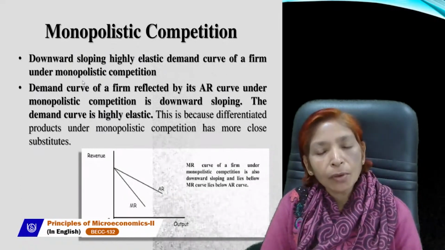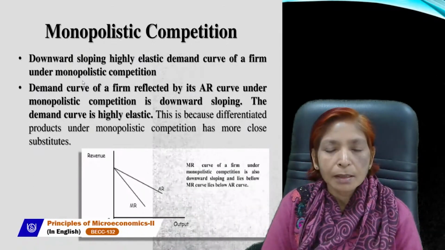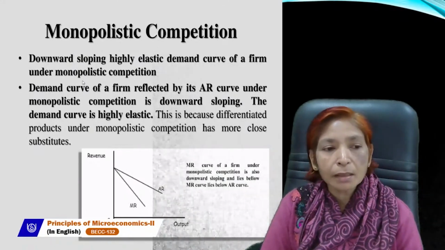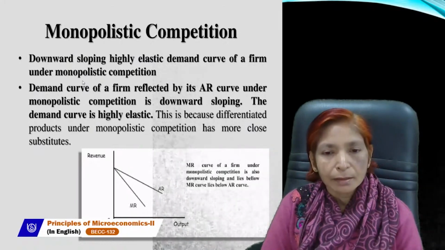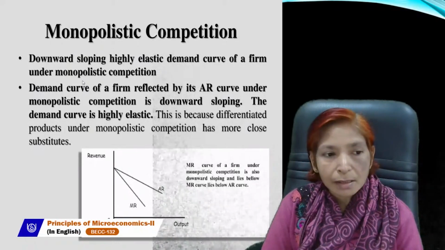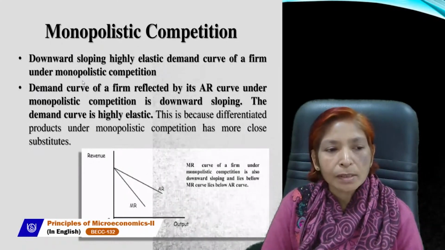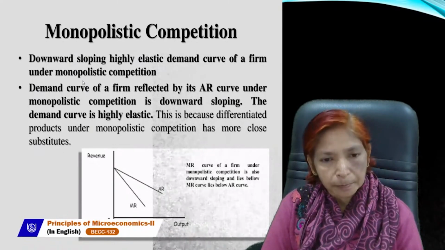Consumers will demand more at a lower price and less at a higher price. But the demand curve is highly elastic, flatter than the monopoly's AR curve, because there are so many close substitutes available in this market.